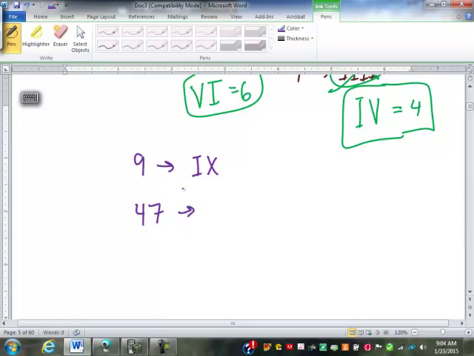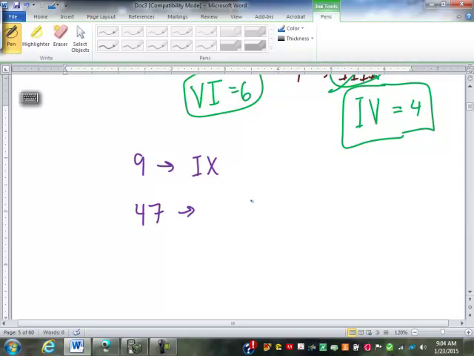Here's one that was always confusing to me. They tend to only subtract 1s, 10s, 100s, or 1000s. They don't subtract 5s, 50s, or 500s. So to make 47, to me it would make sense to take 50 minus 5 and then add 2 to it. They don't do that.